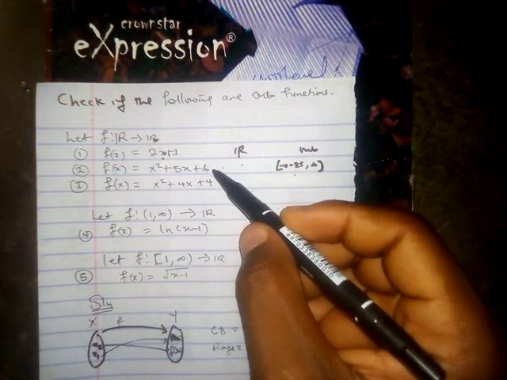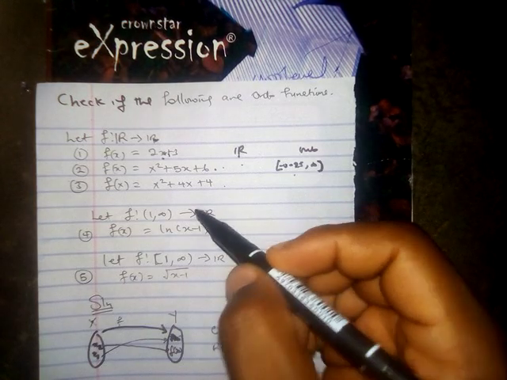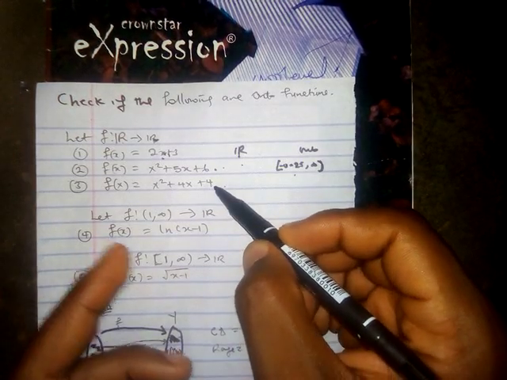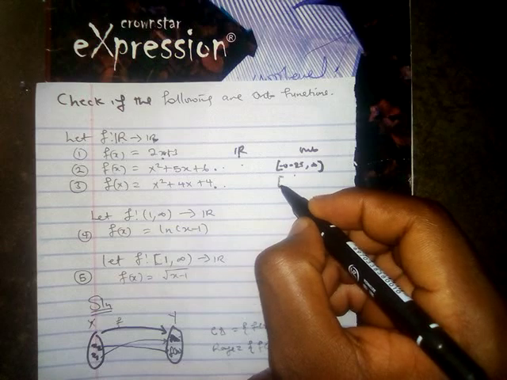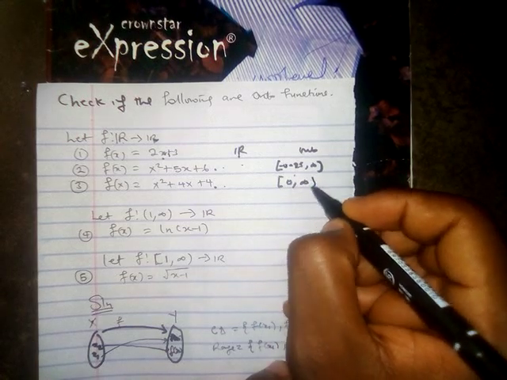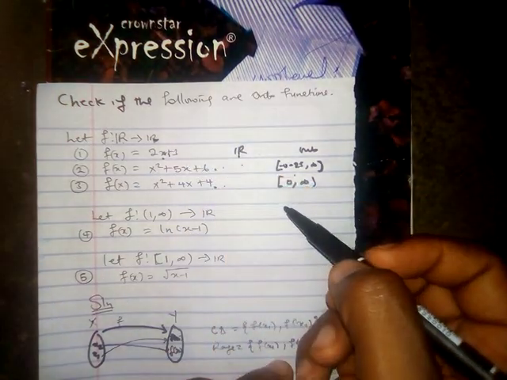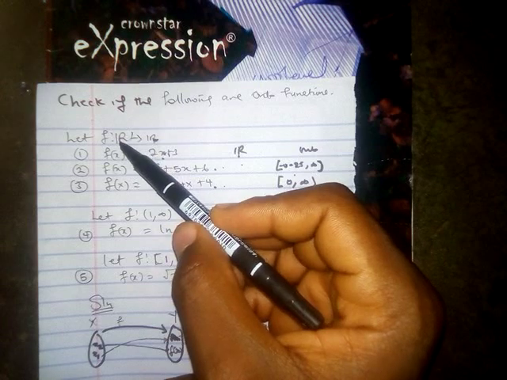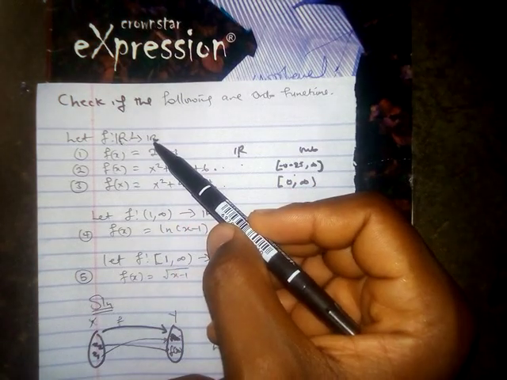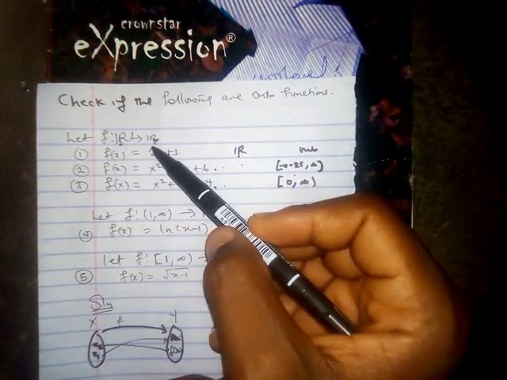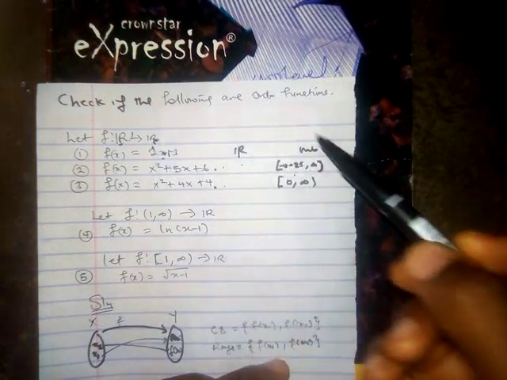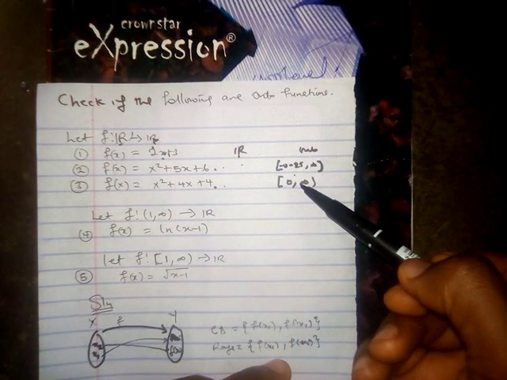So therefore this is not what? An onto function. Also this is not an onto function because the range from our previous video is from 0 to what? Infinity, which is not all real numbers, because the function is mapping a real number to a real number from the domain to the codomain, and the codomain is all real numbers, whereas the range is not all real numbers.